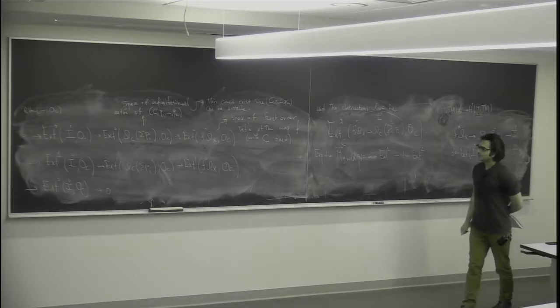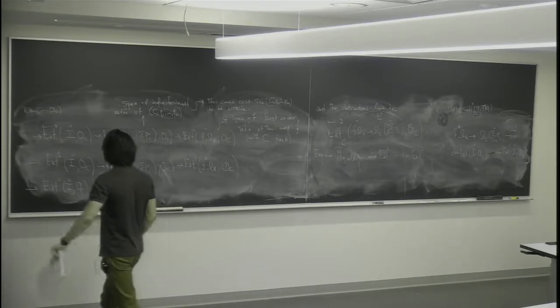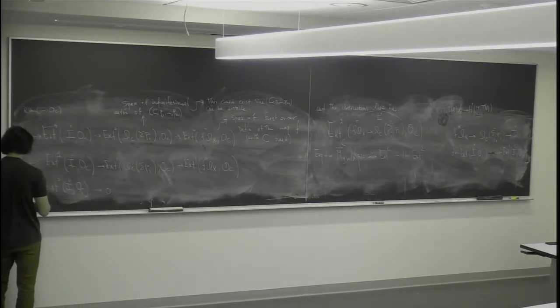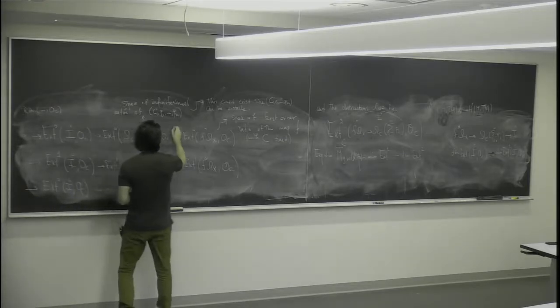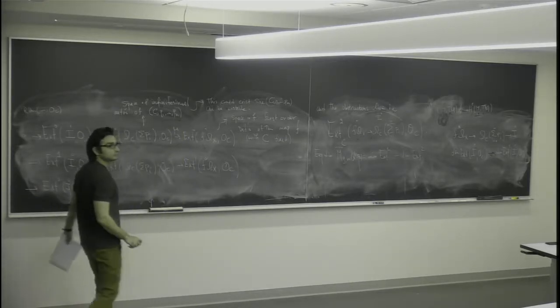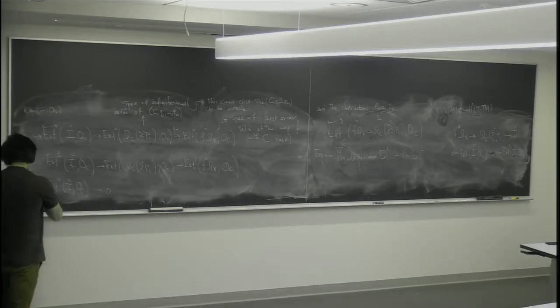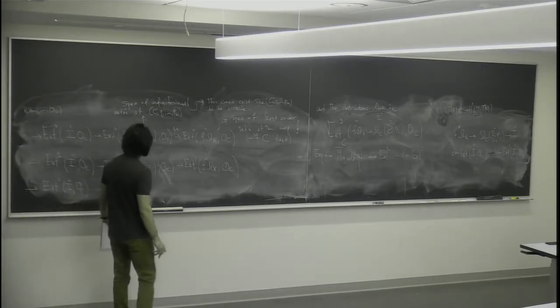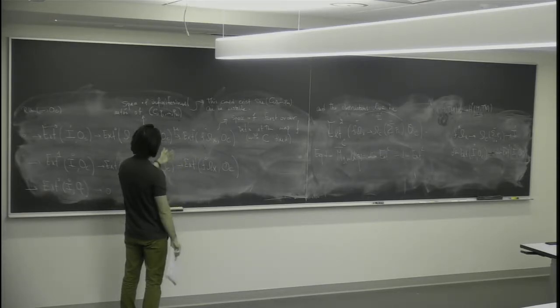Okay, good. So let me call this map mu. But then by the stability of F, we can actually see that this map needs to be injective, right?